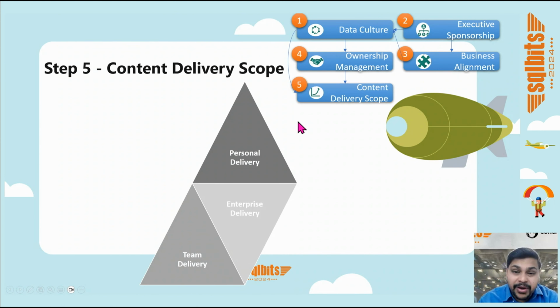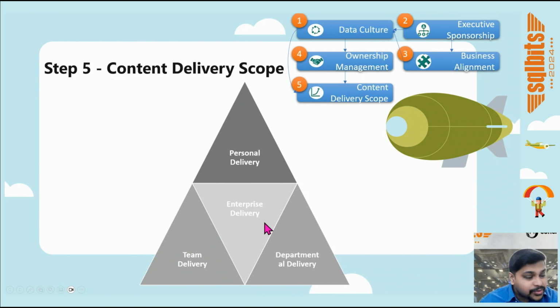Then you have an enterprise delivery. So at the center, whatever you are delivering as an individual or as a team, you are delivering as an enterprise. And the last one is the department at all, the delivery, which means you're delivering your success in the Fabric is unified. You don't have to deliver what your needs are.